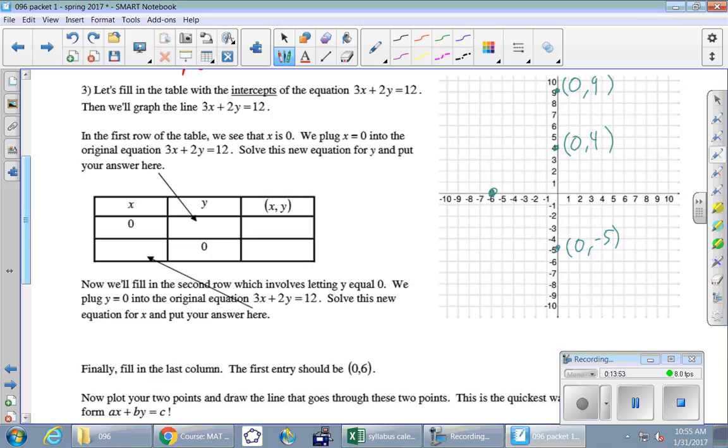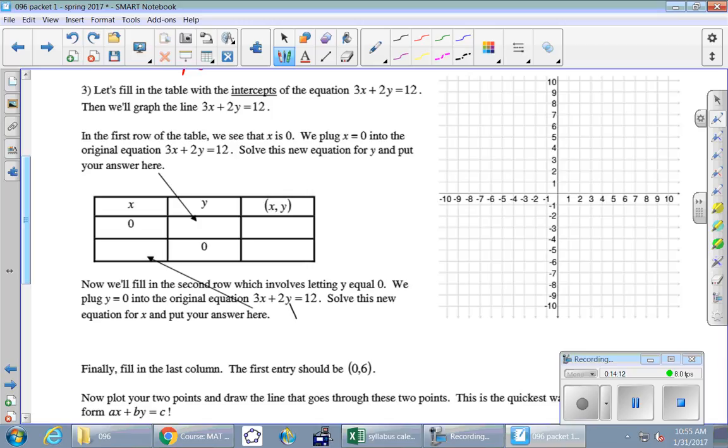And so that's how we calculate the y-intercept: we let x equal 0. It's not just wait and see what happens. It is like an assertion. We are going to force x to equal 0, and then we're going to calculate what the y has to be. So let's give it a shot.